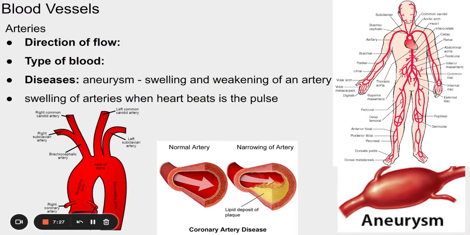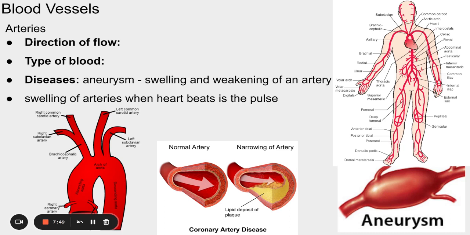So let's talk about the blood vessels. So we have lots of tubes within our body that carry the blood all over. There's a few categories. Arteries. Arteries are the thickest, largest blood vessels in our body. They're muscular.